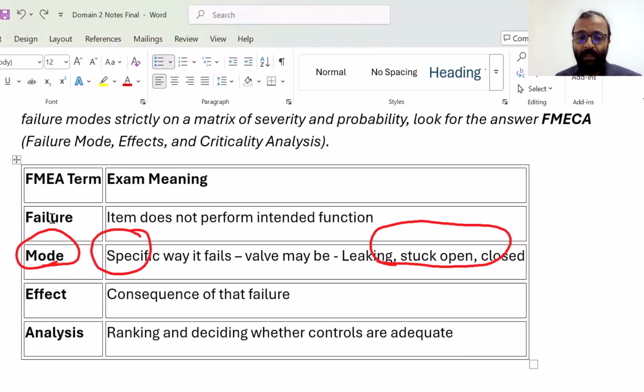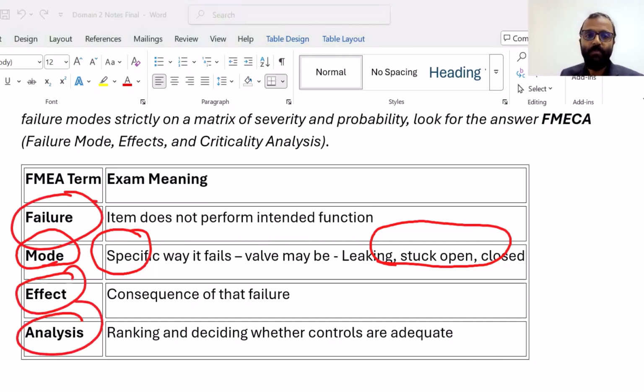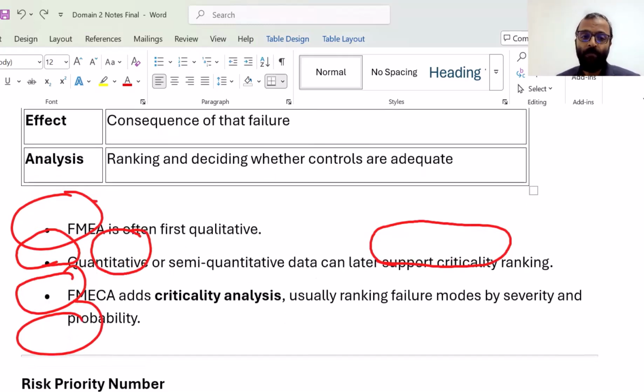FMEA, failure mode effect analysis. See, failure: what item has not performed. Mode: where it has failed, whether it is leaking, stuck, or closed. Effect: what is the effect, and you are analyzing that.